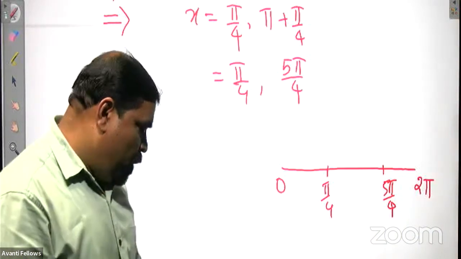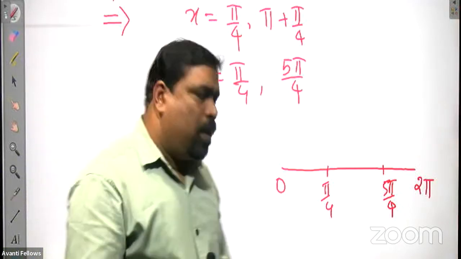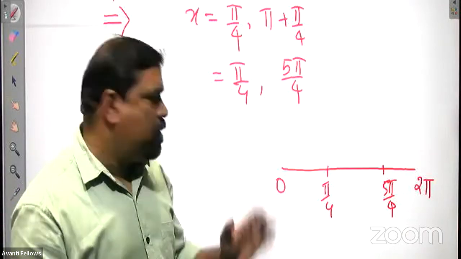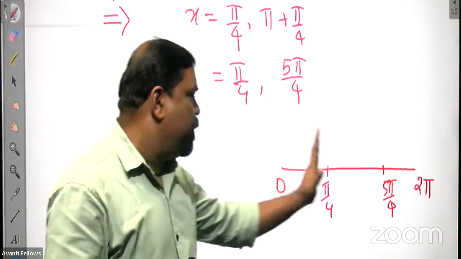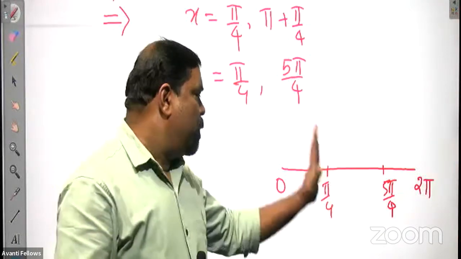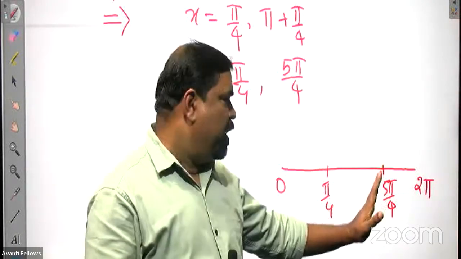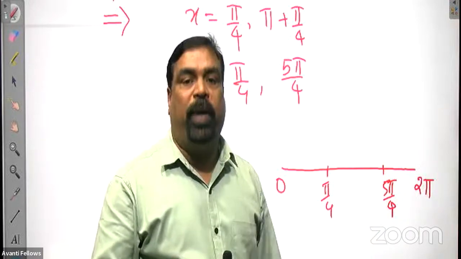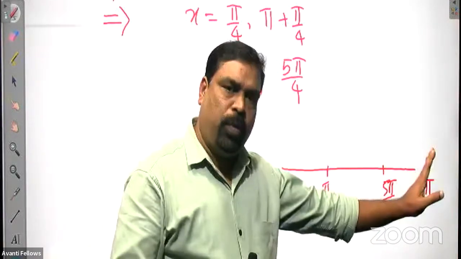So our given interval is divided into 3 parts. First part is 0 to pi by 4, second part is pi by 4 to 5 pi by 4, and third interval is 5 pi by 4 to 2 pi.